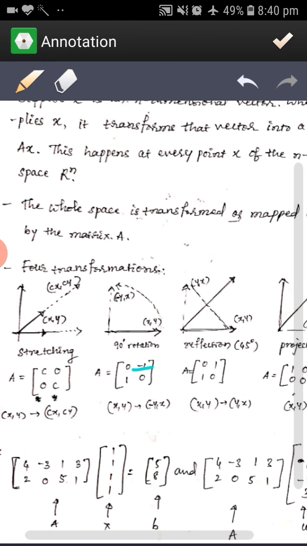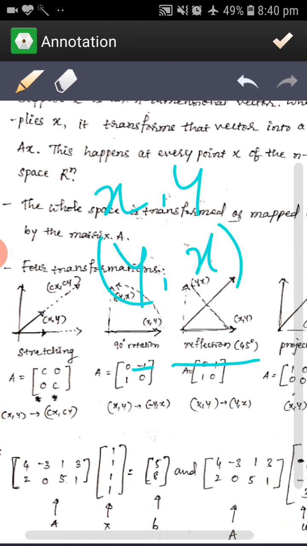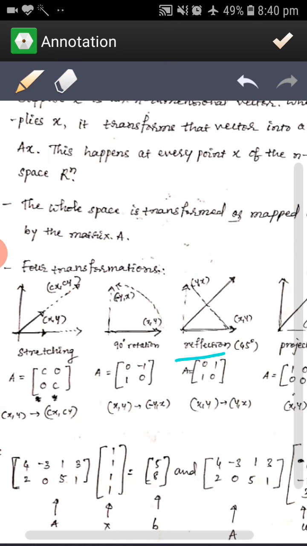But in the reflection it is just a reverse. If it is (x, y), then the mapping will be (y, x). So x becomes y and y becomes x. That we call reflection.